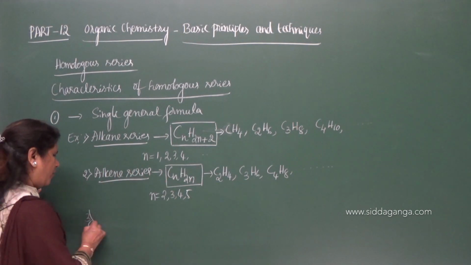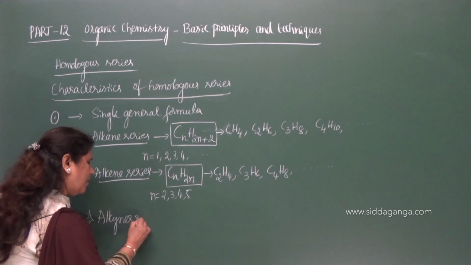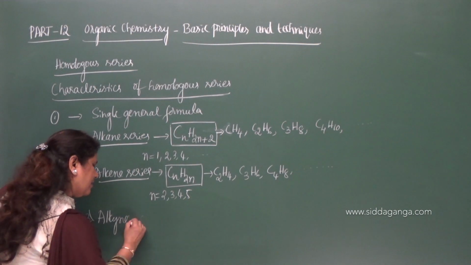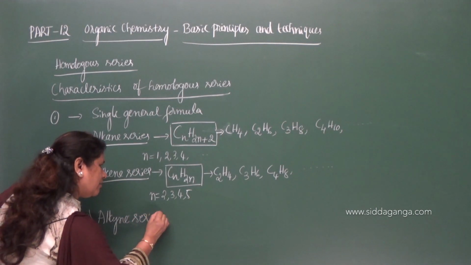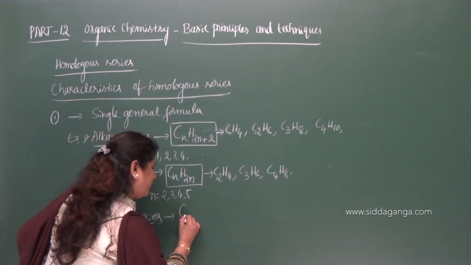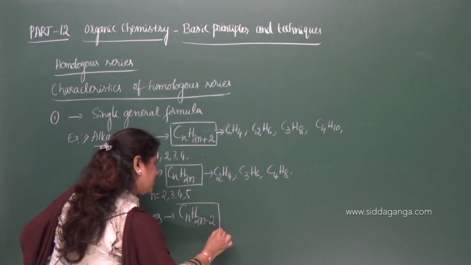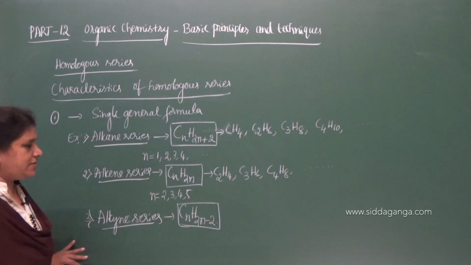Now, the third one, write alkynes. In the alkyne series, we have a general formula: CnH2n-2 is the general formula of the alkyne series.